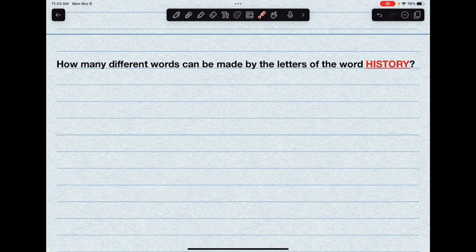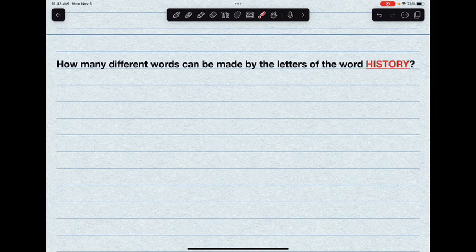And when they're giving this word history, it means you need to use these letters exactly the same amount of times this word used those letters. Like H has been used once, so you can use it only once in the new word, and I the same, once. So here you can see the letters are different. We have 7 different letters.